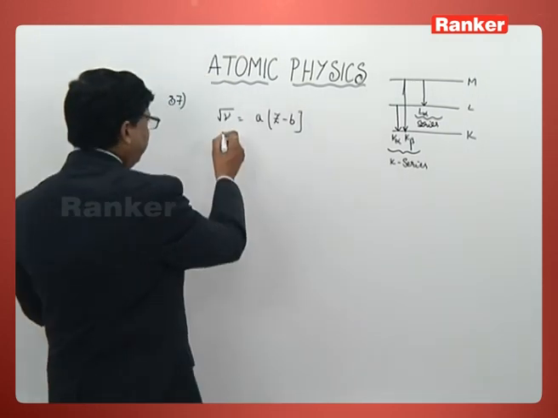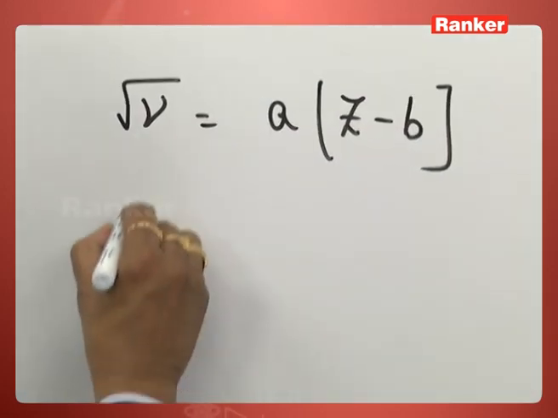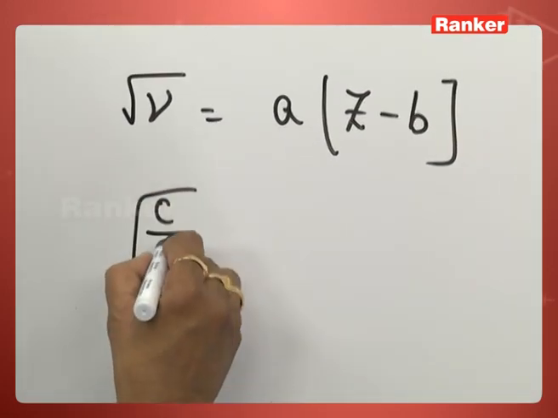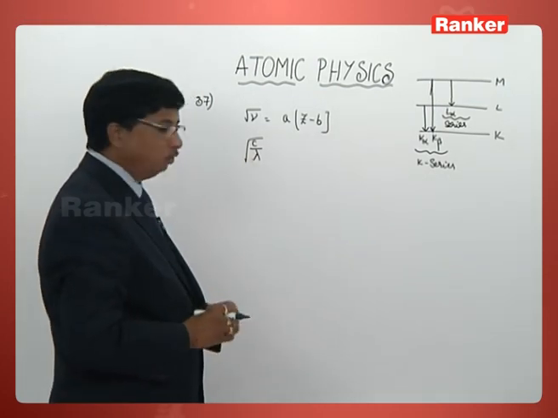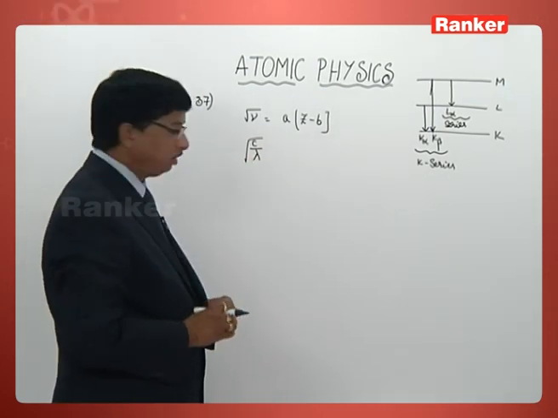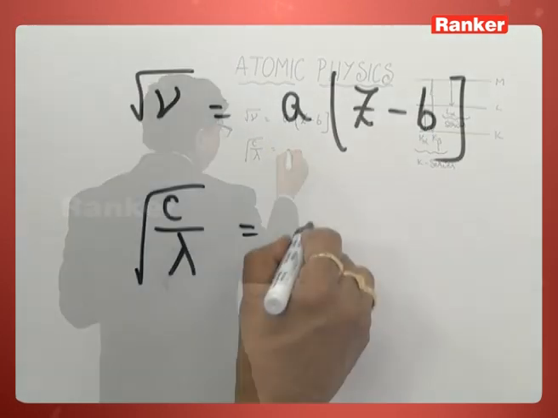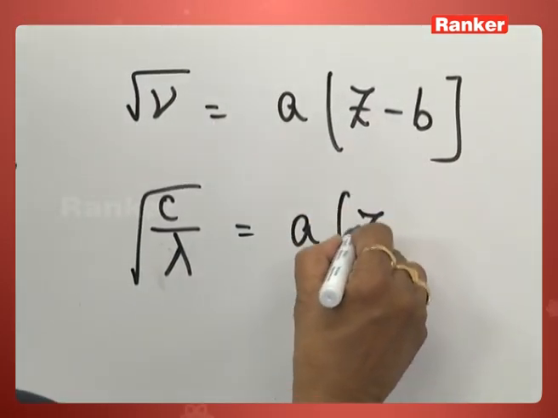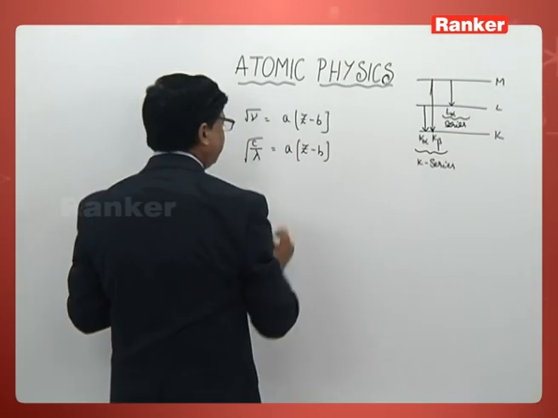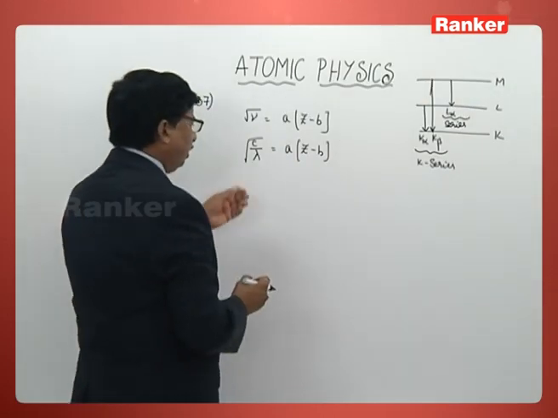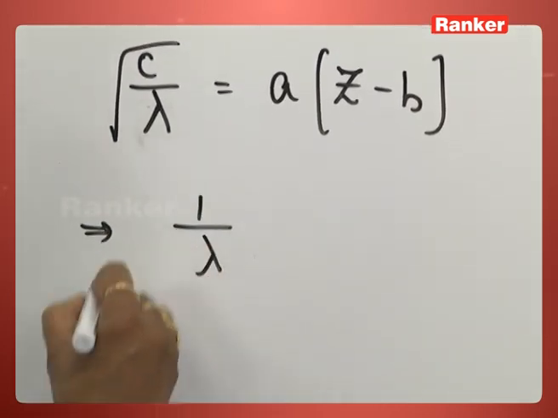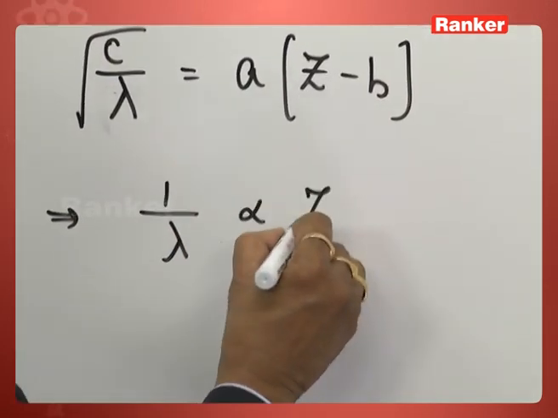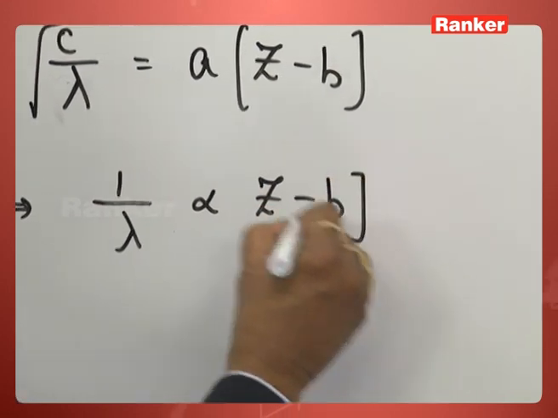But of course, you can rewrite the same, converting nu into lambda. Nu is equal to C by lambda, under root, is equal to A into Z minus B. So can't you understand that in this case 1 by lambda is directly proportional to Z minus B whole square?